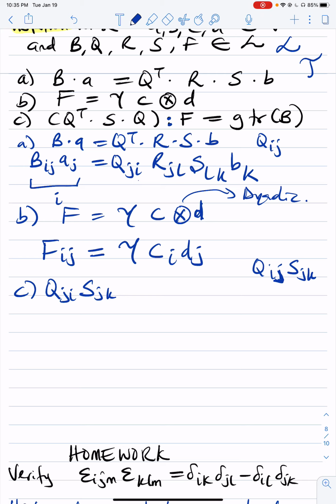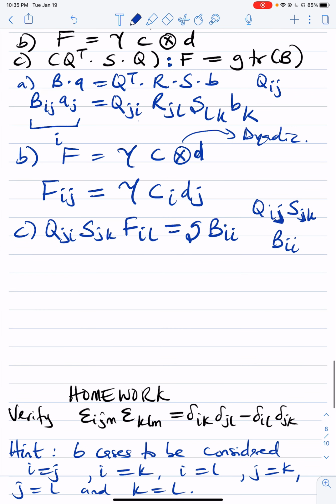So F, IL, right? You're contracting that. Equals G. G is a scalar, the trace of B. The trace of the matrix, if you remember, is BII. Now let's see if we are correct.